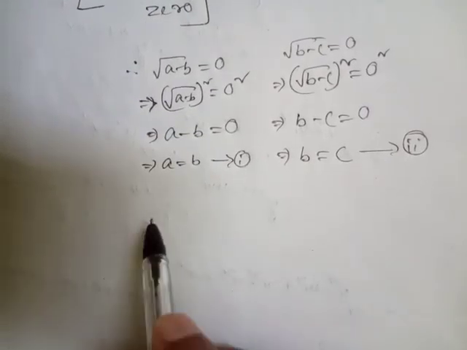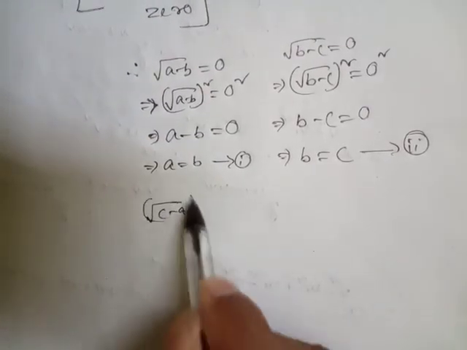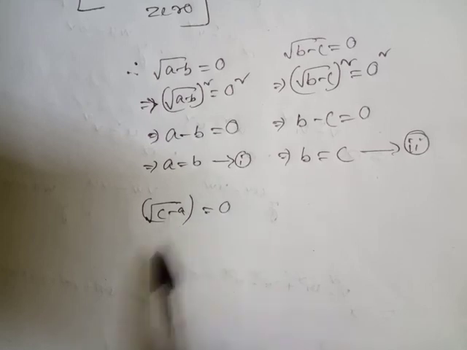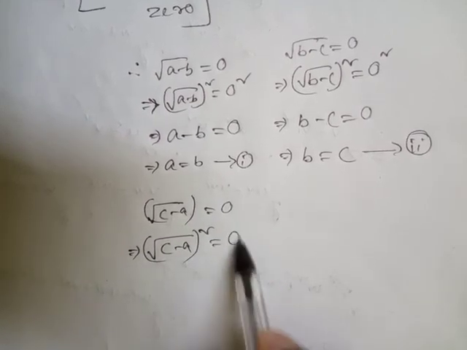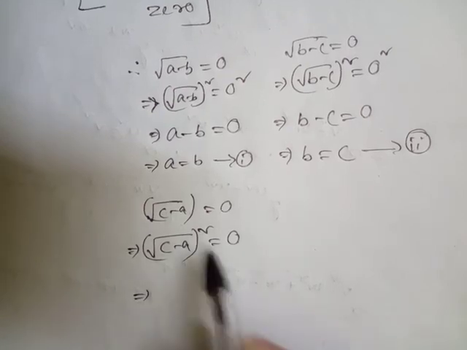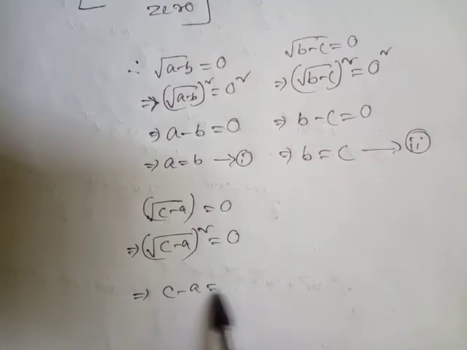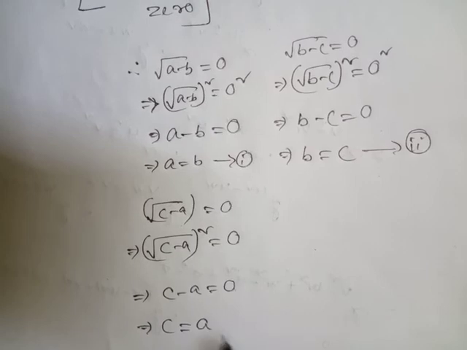Now next one, root over c minus a equal to 0. Now if I go for squaring both sides, c minus a whole square equal to 0, then square and root cancel, c minus a equal to 0, then c equal to a. This is our equation number 3.